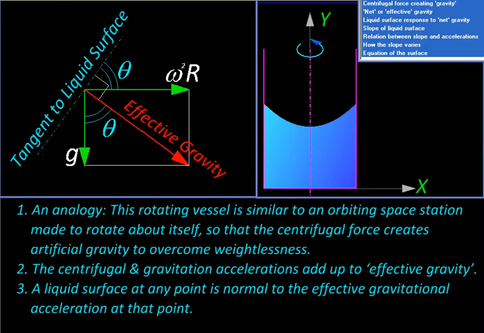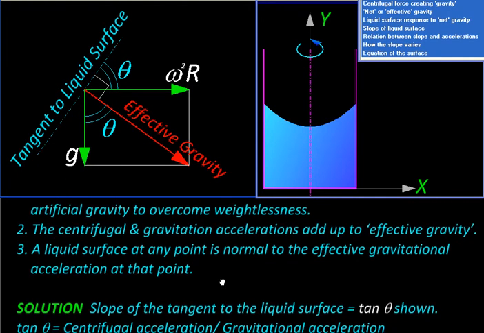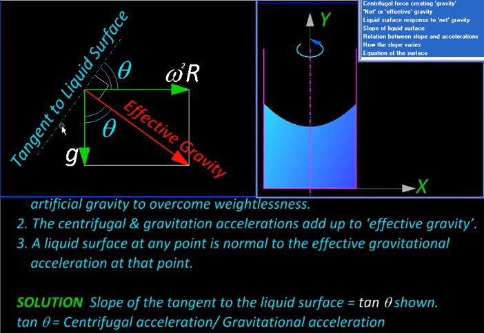Let us now try to quantify this orientation assumed by the liquid surface. And we can do that in terms of this angle theta over here made by the liquid surface with the horizontal. And the slope of the line over here will be tan theta. That tan theta can be seen in this triangle also. The opposite side to theta is r omega square, the centrifugal acceleration.